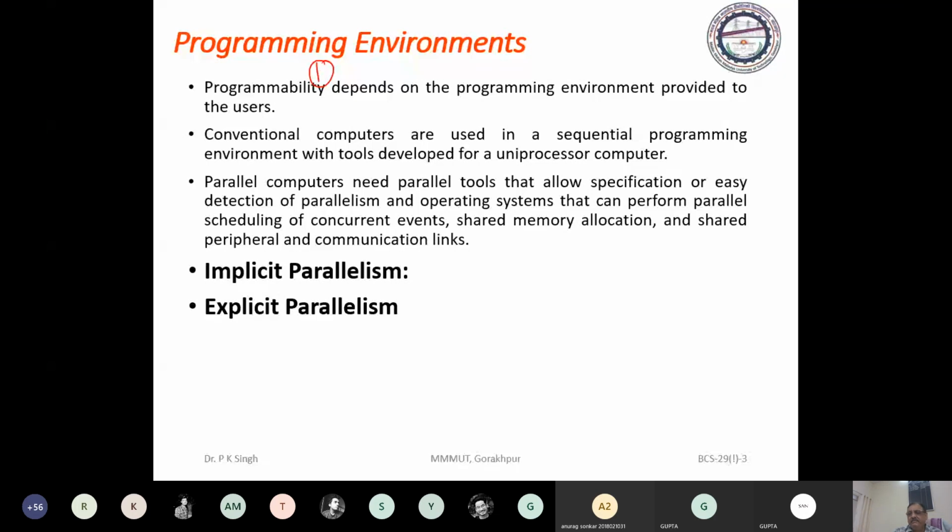For that, he may use any algorithm that is suitable for parallel execution. If we are programming such a machine in this way, this type of parallelism is called explicit parallelism.